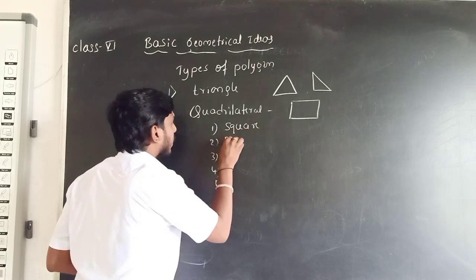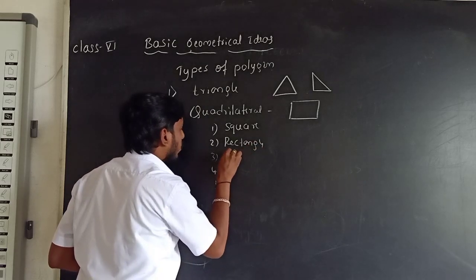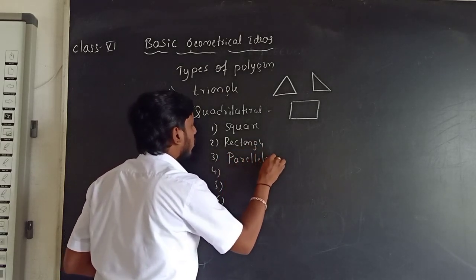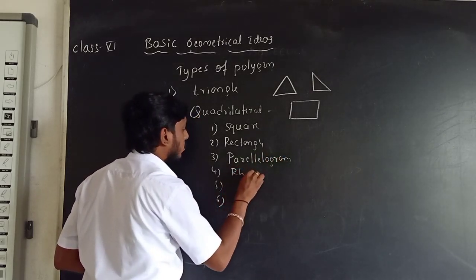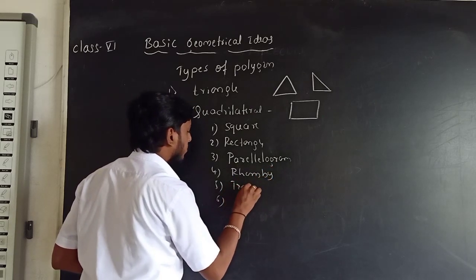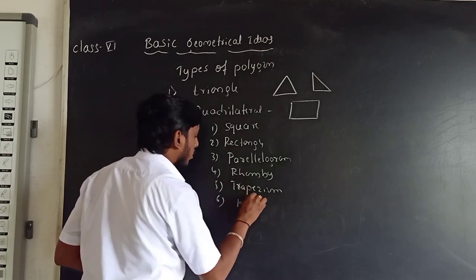Second one is rectangle. Third one is parallelogram. Fourth one is rhombus. Fifth one is trapezium. Sixth one is kite.